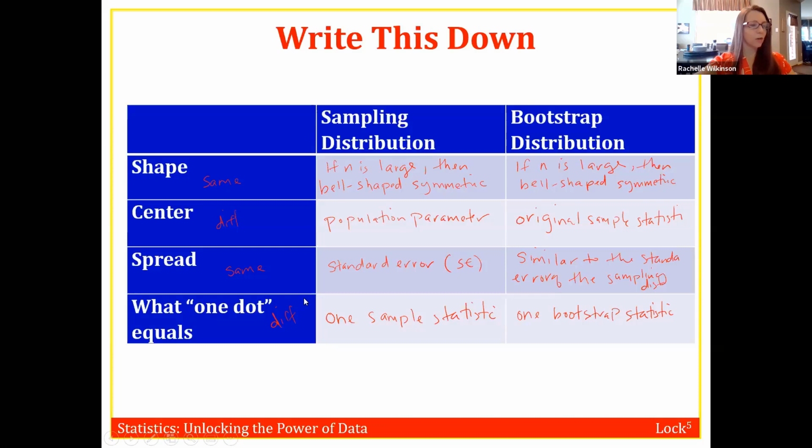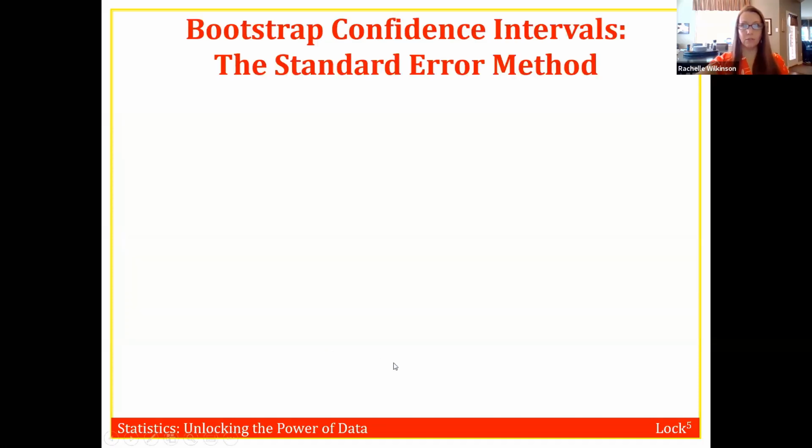All right, so let's look at an example of how we're actually going to use this. There are two different methods where we're going to use the bootstrap distribution to help us create a confidence interval for the parameter. One of the methods is called the standard error method, and the other method is called the percentile method. So first we're going to talk about the standard error method.